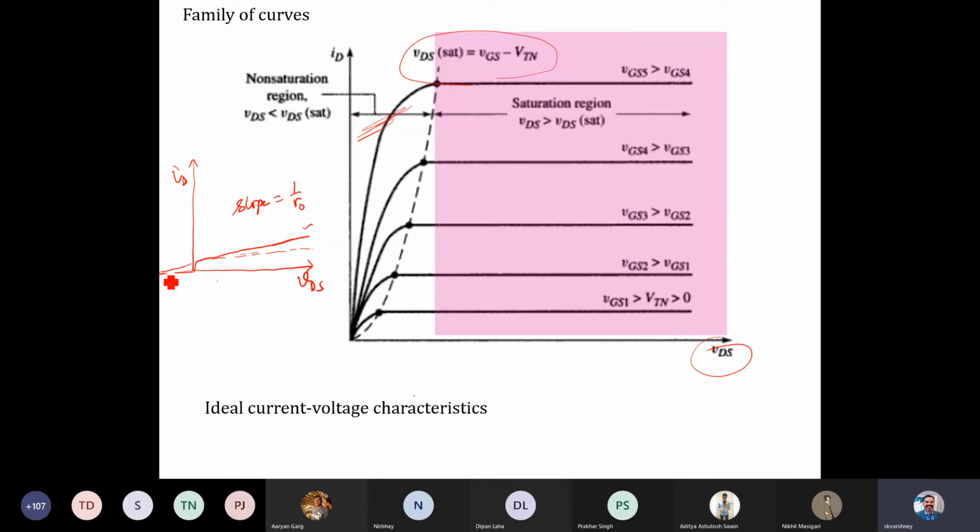So VDS goes to some voltage minus VA, which is somewhere here at this point. In this case the drain current we can write as ID equals Kn (VGS minus VTN) square times (1 plus lambda VDS). So this is in saturation.